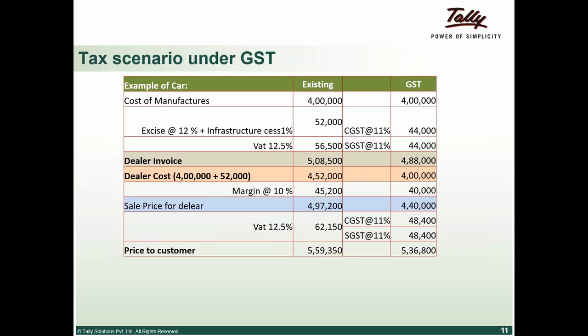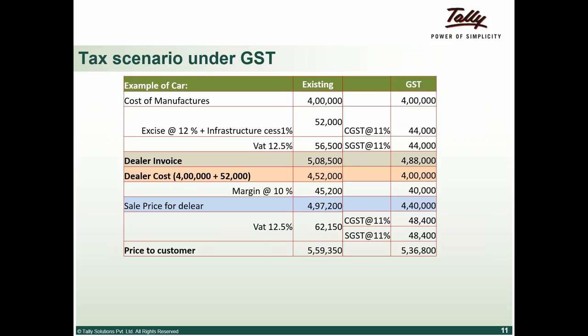and now under GST the manufacturer is going to charge. So here the standard rate that we have taken as an example is 11 plus 11, that is 22%. Whenever we say GST is 18% or 20% or 22%, currently it is going to be equal between the CGST and SGST parts. We need to get more clarity on that in case there are any changes. We don't see any major change in the components of the CGST and SGST, right?